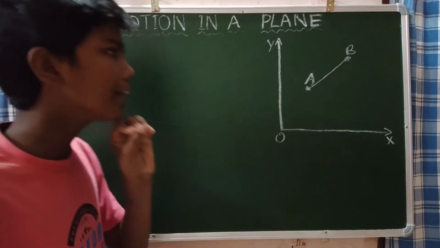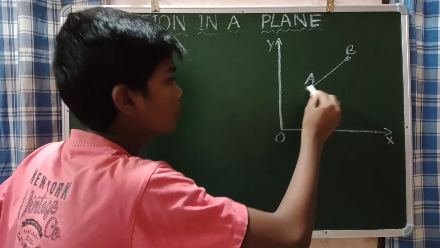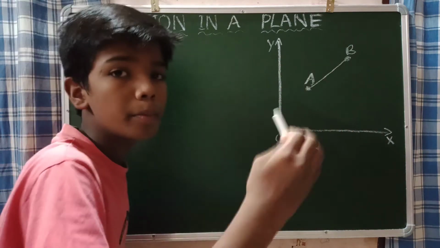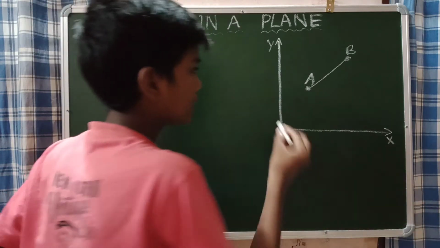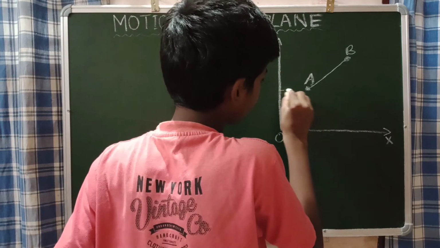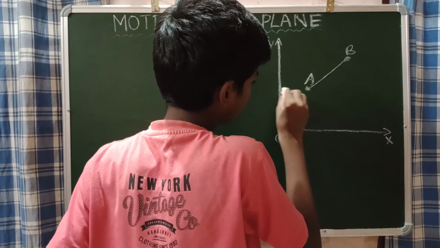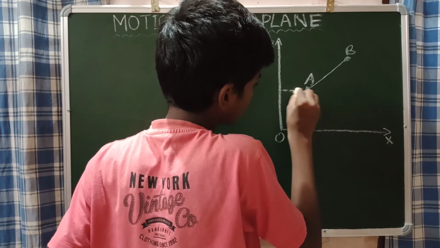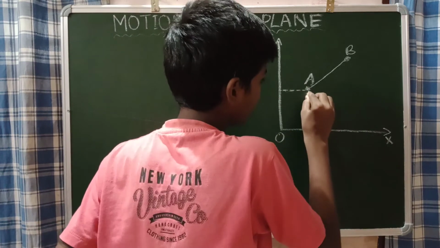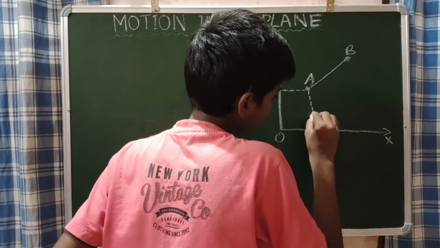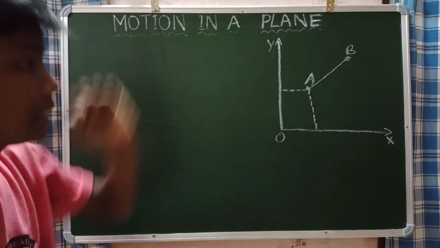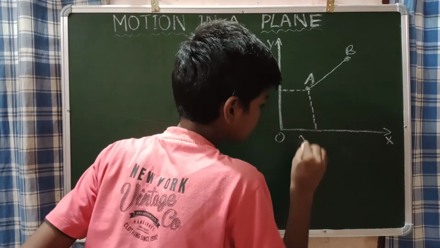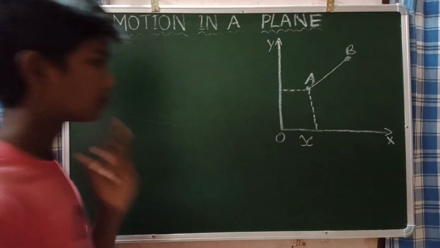Now let us mark the coordinates of these both positions. How will you be marking the coordinates? Very simple thing. Let me say that the x coordinate of this position A is x.